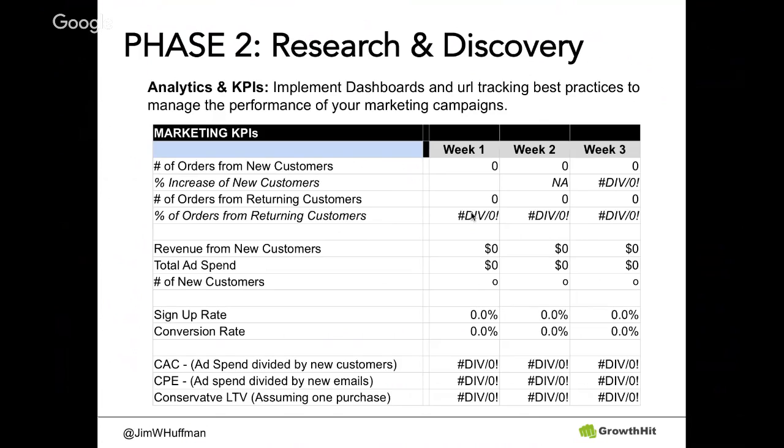So what I did here is I threw in a template for a marketing KPI dashboard that we use. And this is actually for an e-commerce client. And this is what we look at week to week to understand how different campaigns are performing and just how the business is performing. So first is I want to understand how many new customers are we getting every week.